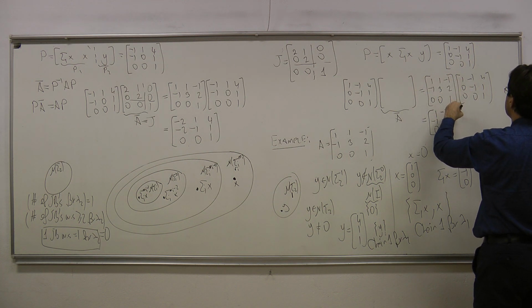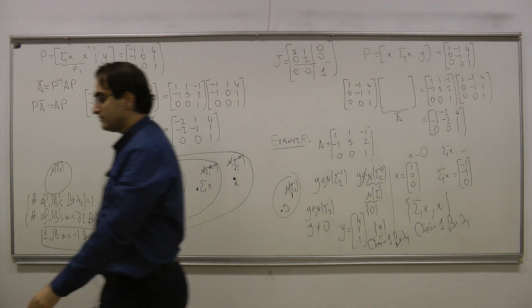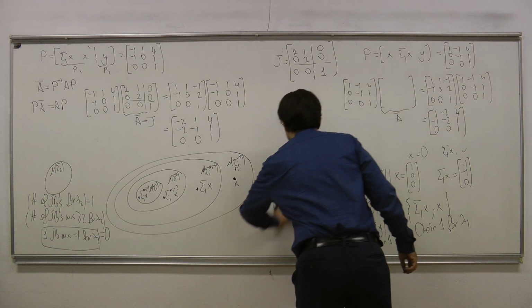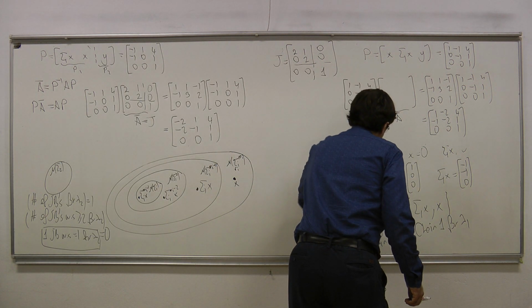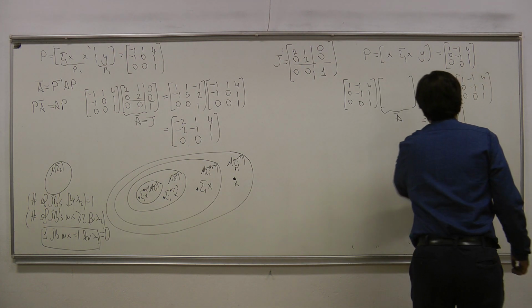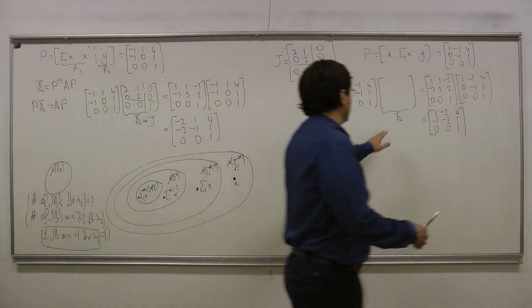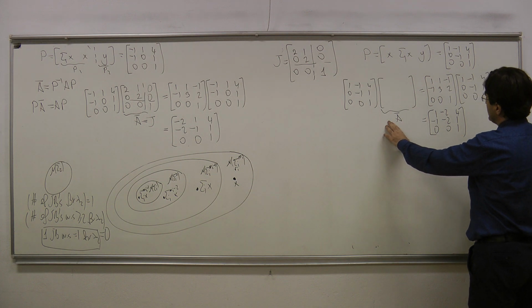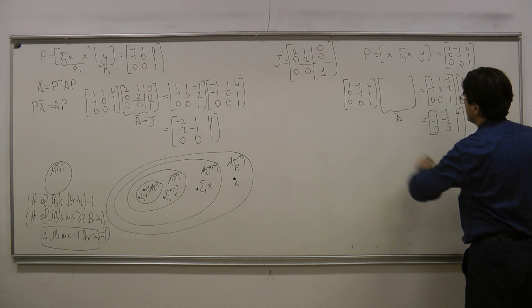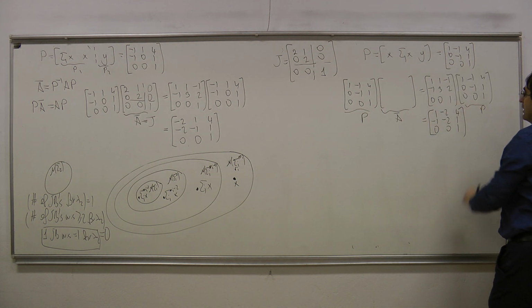And 4, 1, 1 is going to be 4, 1, 1 again. Okay? So now, in order to find this new A bar, I need to express these columns again in terms of the columns of P here. That is my P, and that is my P.